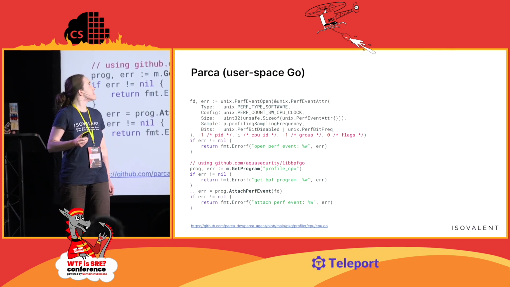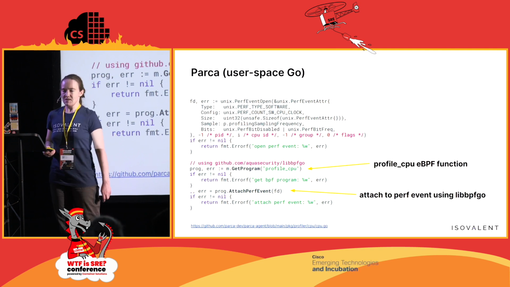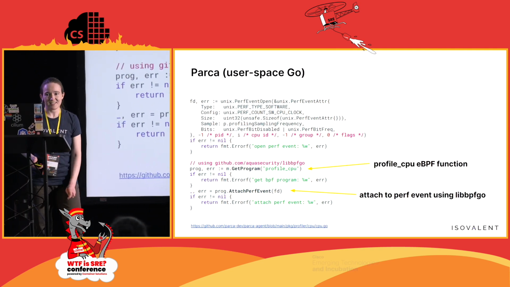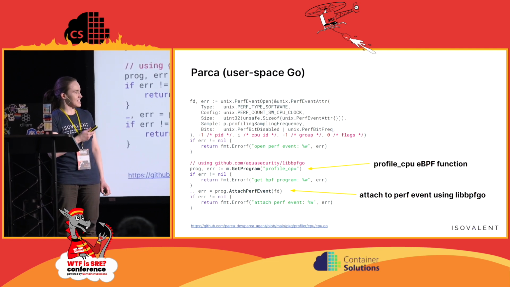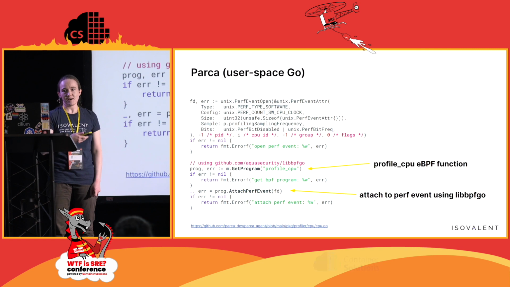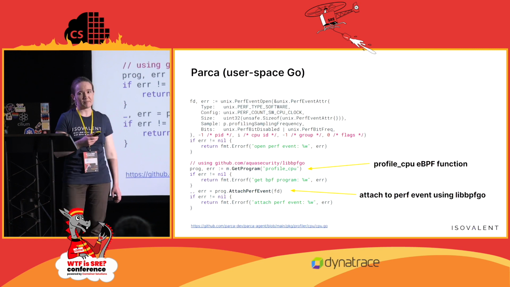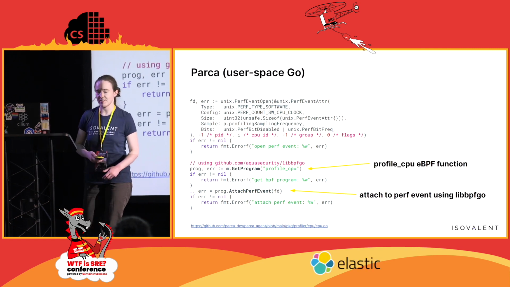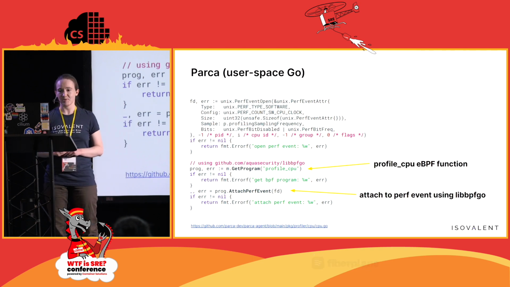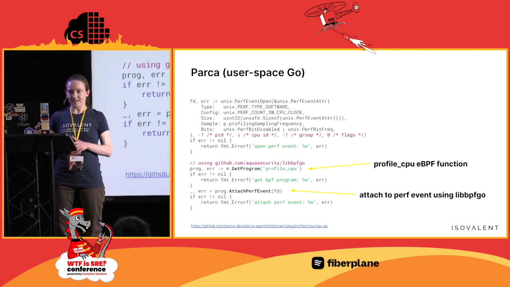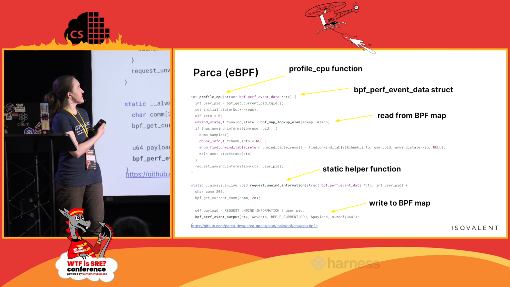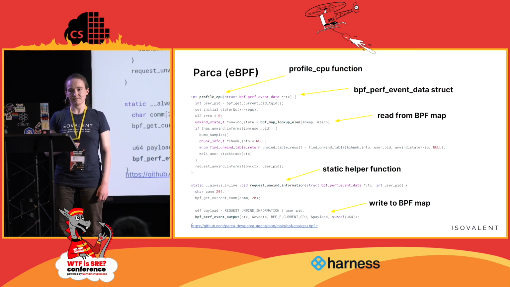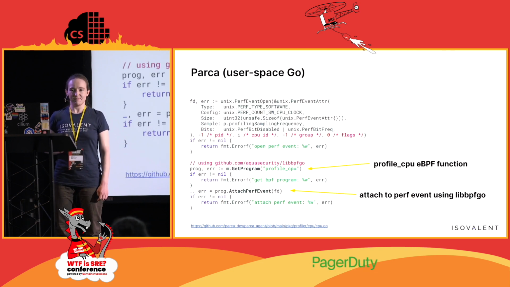And here, the relevant thing is that it's attaching the function to a perf event using eBPF Go. eBPF Go is one Go library for handling these BPF programs in user space. And the profile CPU function is the name of the function we saw here. So it's basically attaching this function to perf events.